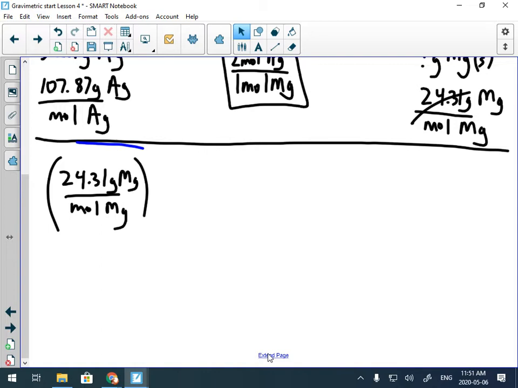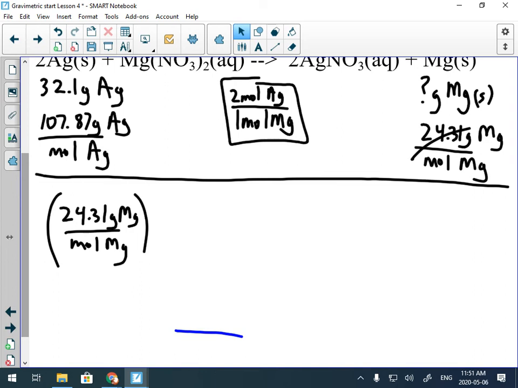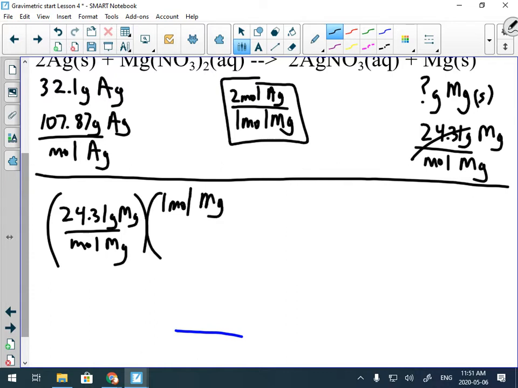It's on the bottom. So where's my moles magnesium? Oh, there it is. It is in the ratio. So I'm going to have to flip that to get it on top. So I'm going to go 1 mole magnesium over 2 mole silver. Cancel, cancel.